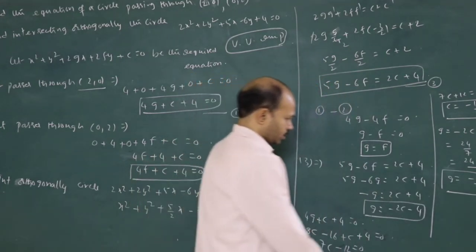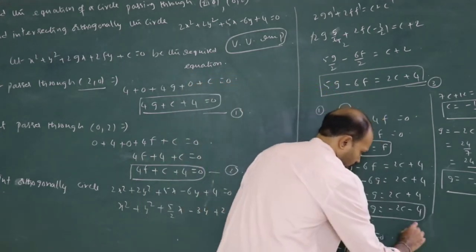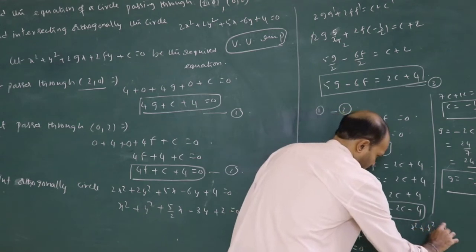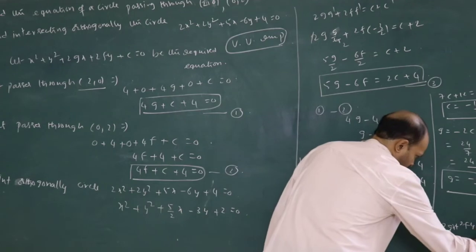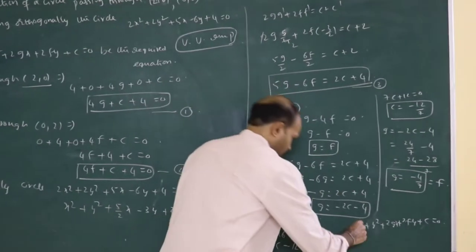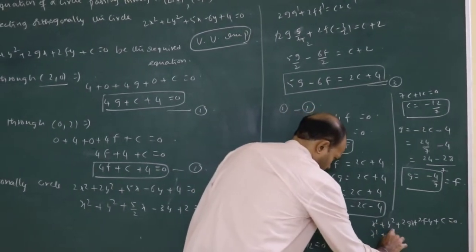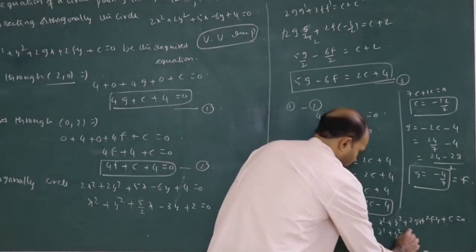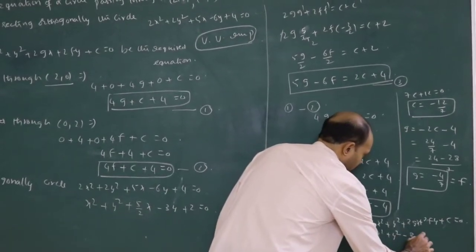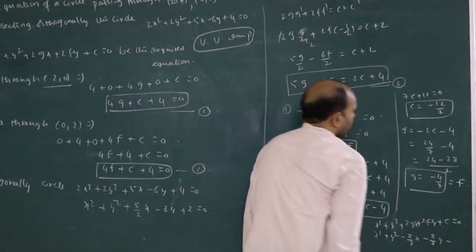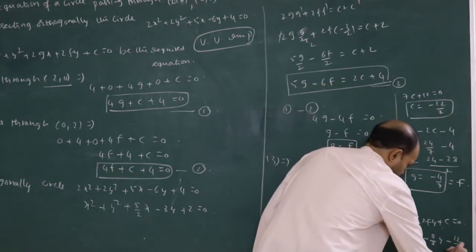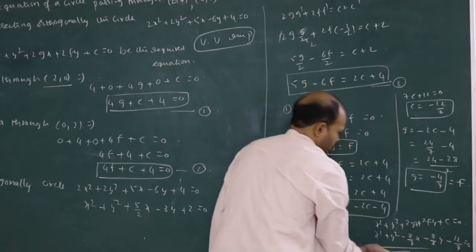Therefore, the required equation of circle is x square plus y square plus 2gx plus 2fy plus c is equal to 0. Apply the values. x square plus y square minus 8 by 7 x minus 8 by 7 y minus 12 by 7 is equal to 0.